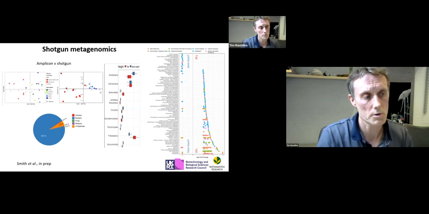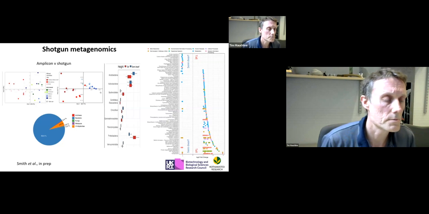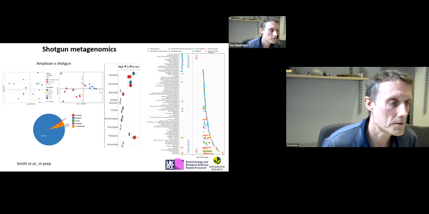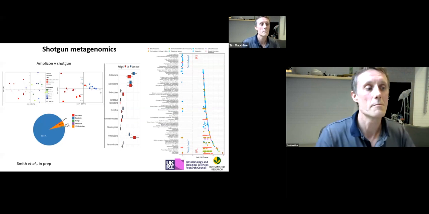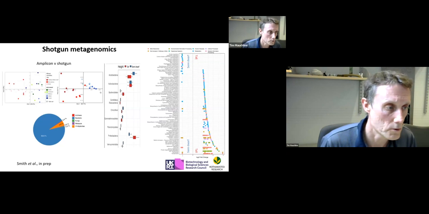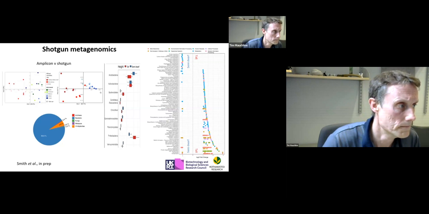So this again supports the notion that the crosstalk, if you like, not just between microbiome and the plants, but also between the microbiome and other members of the microbiome, is more prominent in the tall cultivars as opposed to the semi-dwarf cultivars.